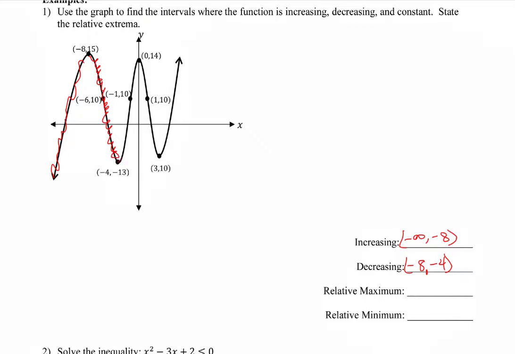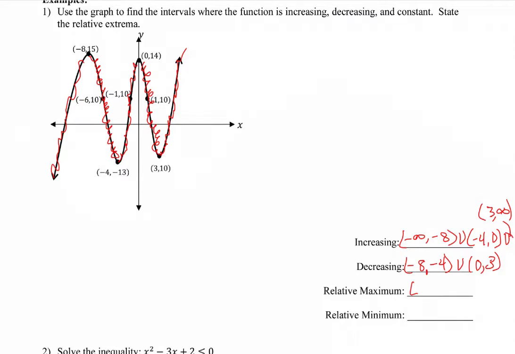Then I'm increasing from negative 4 to 0. Then I'm decreasing from 0 to 3. And then I'm increasing, I'm out of room, so I'm going to just put a little arrow, from 3 to infinity.